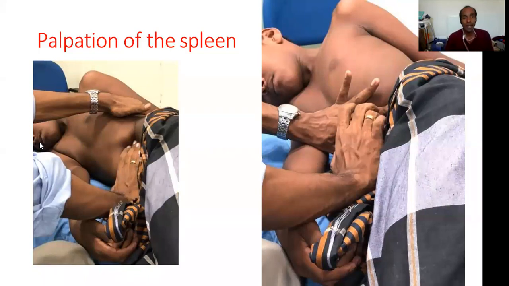You can see my left hand pushing from behind, giving pressure from the back, and my other hand is feeling for the spleen. So you feel the spleen because you're giving pressure on the chest wall with your left hand and feeling with your right hand. That's the technique of feeling the spleen.